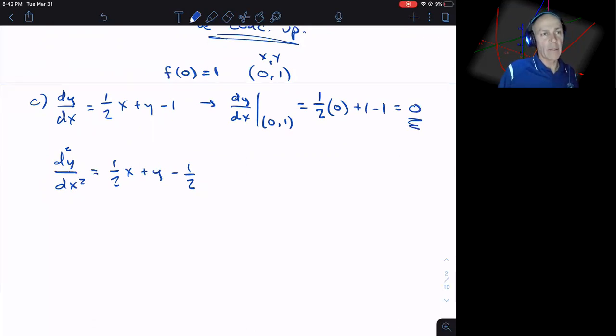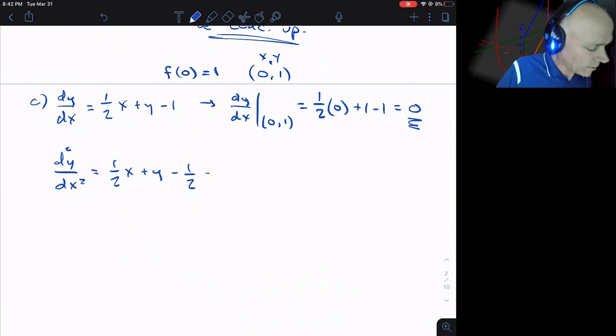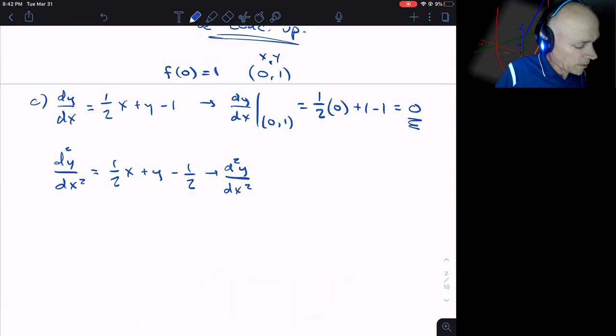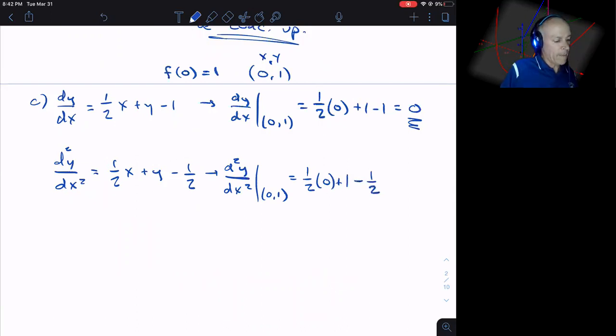That leads me to believe that I could have a relative max or relative min or neither. So now I'm going to look at my second derivative and see the result at that particular point, such that x equals 0, y equals 1. That's going to look like 1/2 times 0 plus 1 minus 1/2.